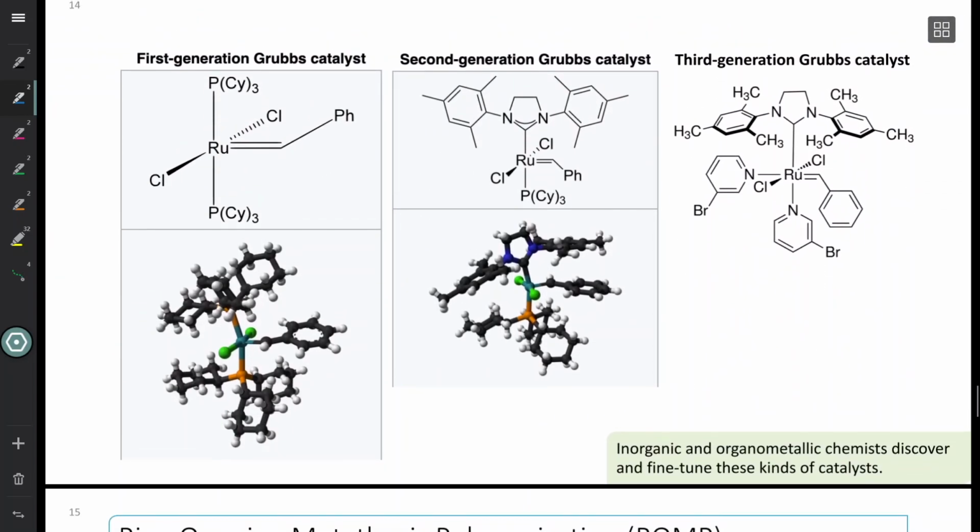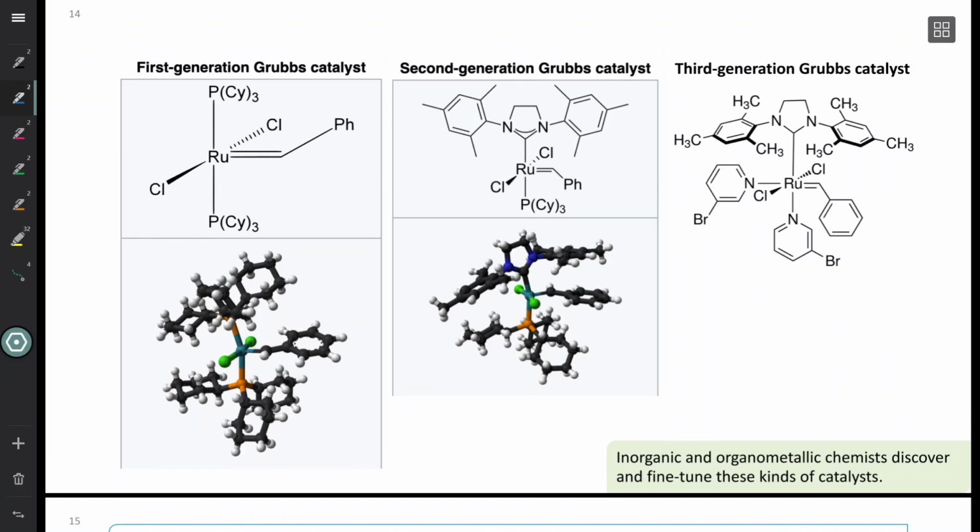Okay, so what do these catalysts look like? They all have a ruthenium core. These reactions do work with other metals, but Grubbs, who won the Nobel Prize for this, discovered the ruthenium cores, and they come in multi-generations.